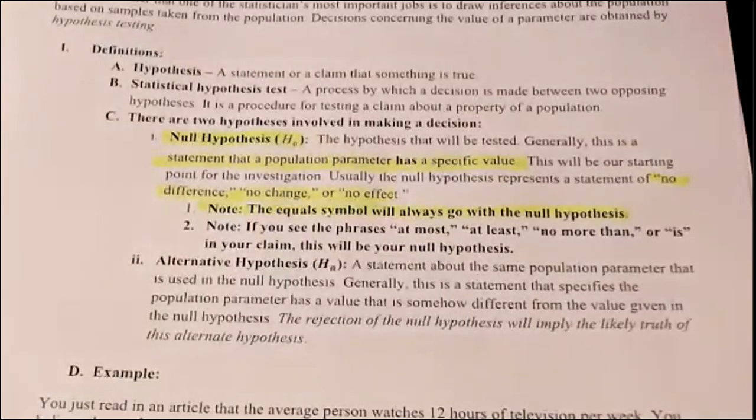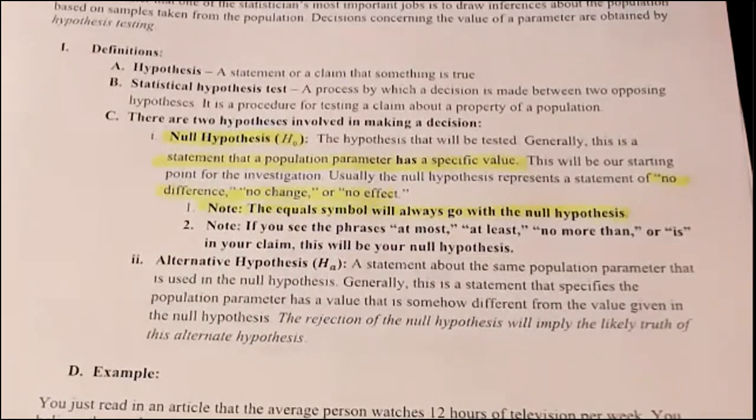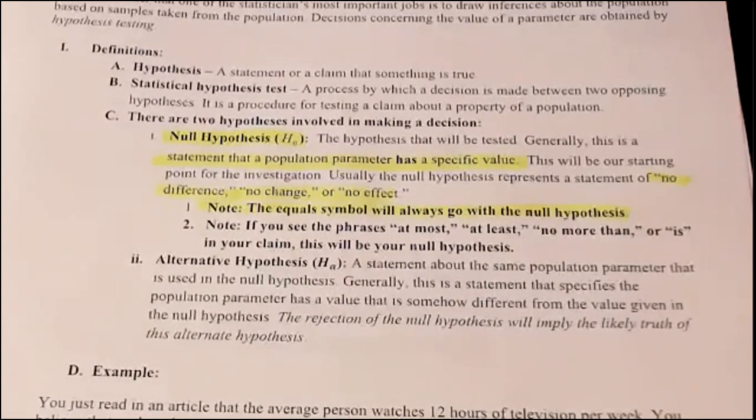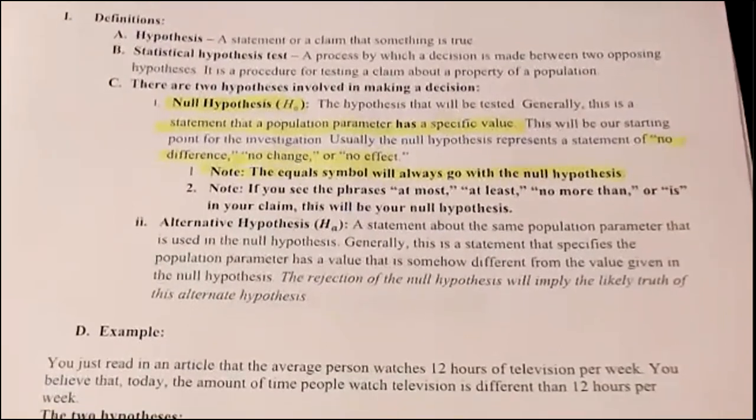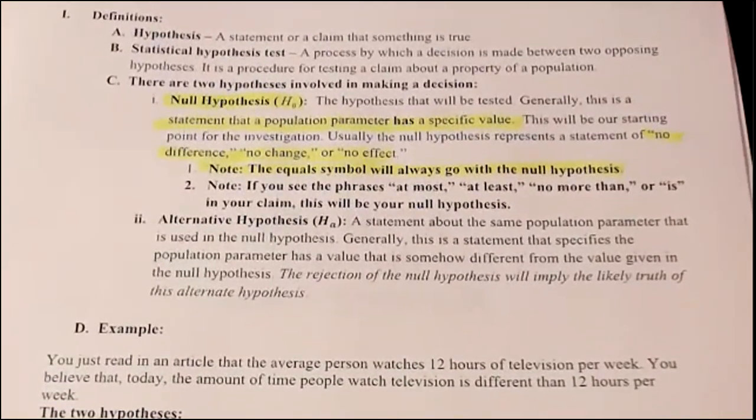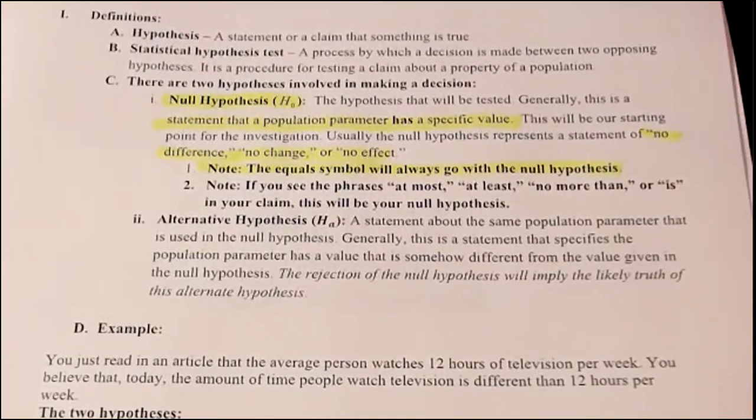Two, note, if you see the phrases at most or at least or no more than in your claim, this will be your null hypothesis. Two, alternative hypothesis, H sub a, a statement about the same population parameter that is used in the null hypothesis.